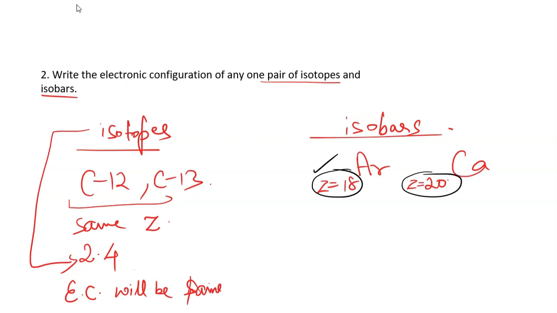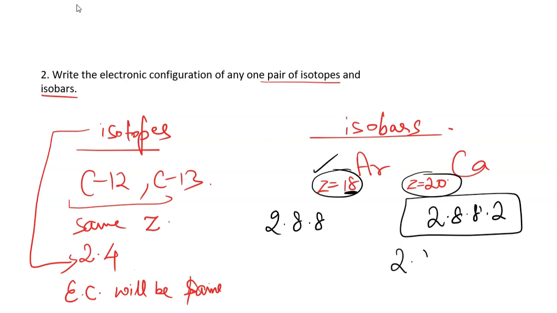So for argon, it will be 2, 8, 8, because it has to make up to 18 electrons. For calcium, it will be 2, 8, 8, 2. I cannot write the electronic configuration of calcium as 2, 8, 10. Although the third shell can contain up to 18 electrons, this electronic configuration is not acceptable.